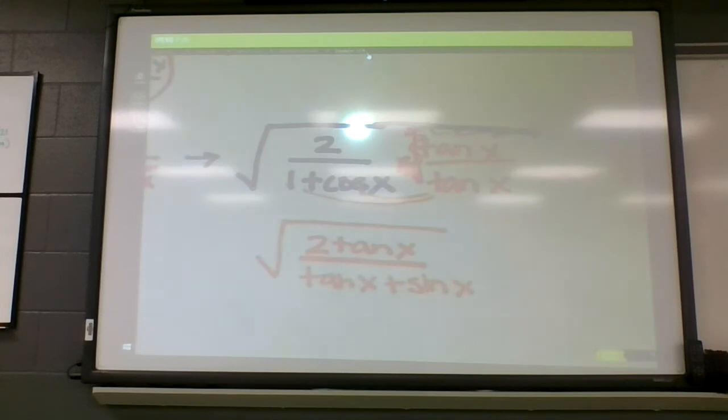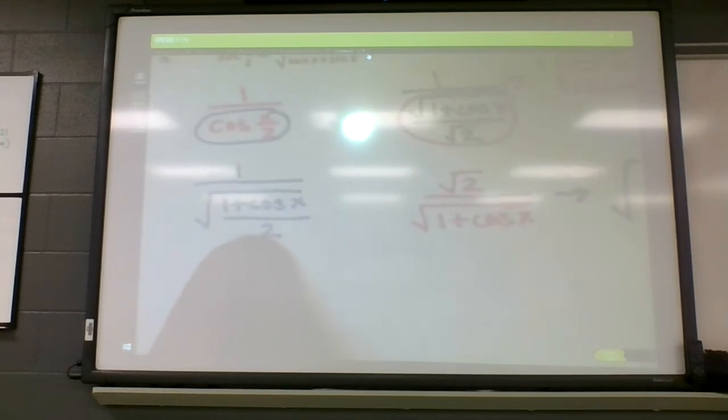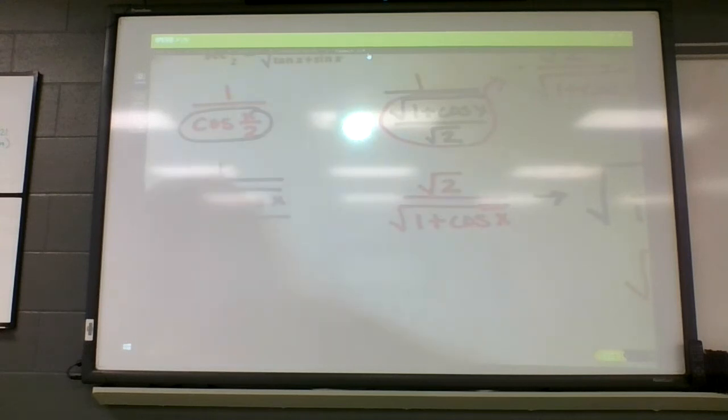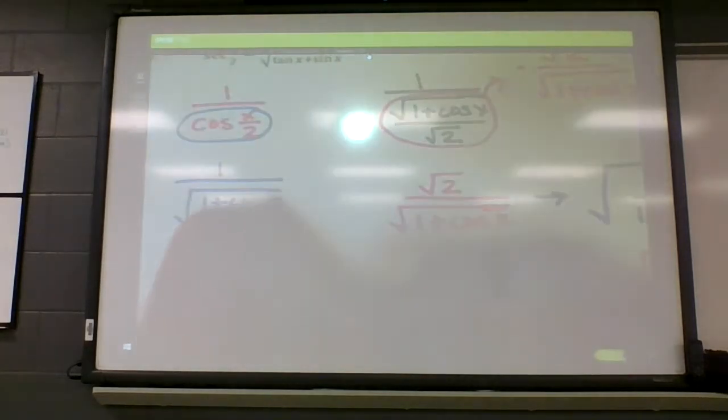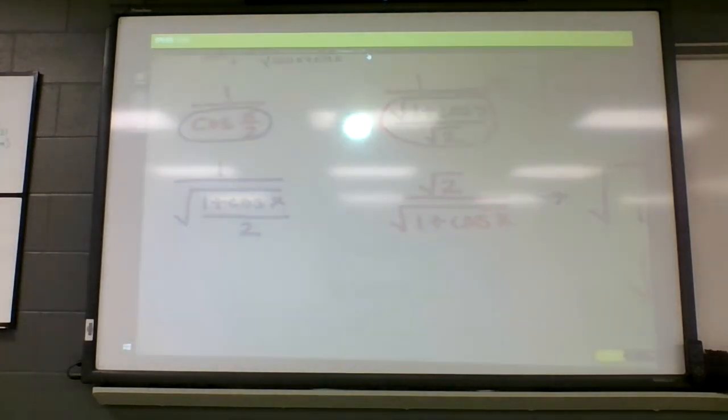By the way, my second block did it slightly different. When we got to this point here, what we did was we changed the top into the 1. You could say 1 is the square root of 1, right? And then that means that you could put it in one big square root from the get-go. And then they just flipped and multiplied on the inside and just worked with the inside.